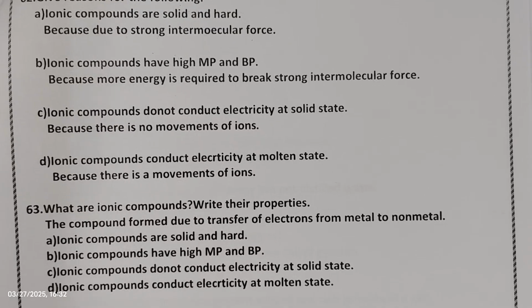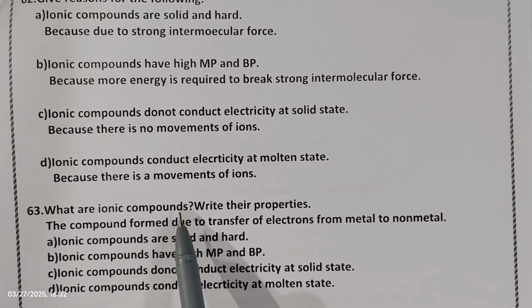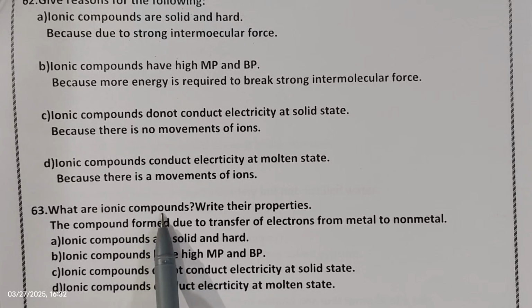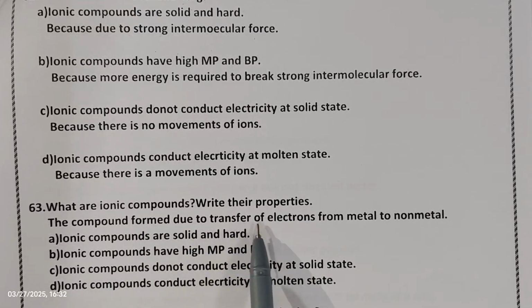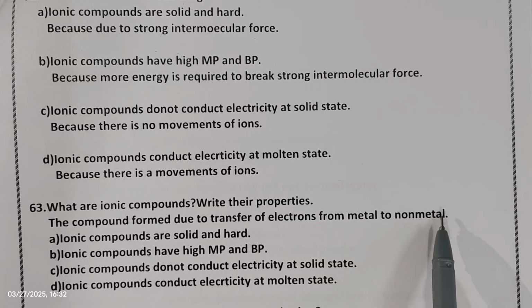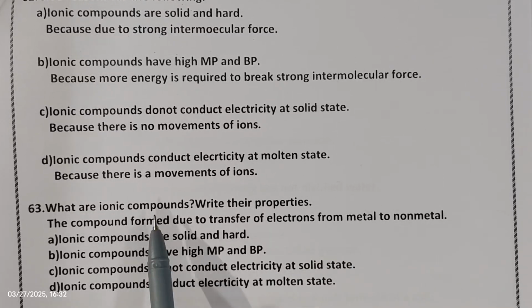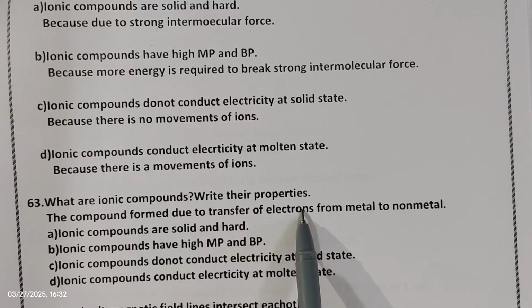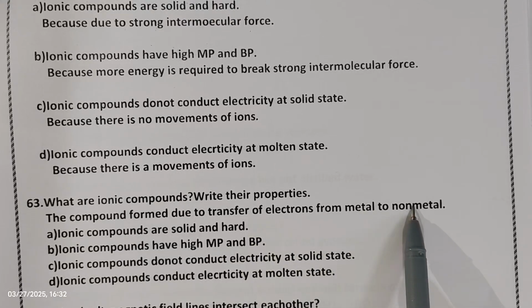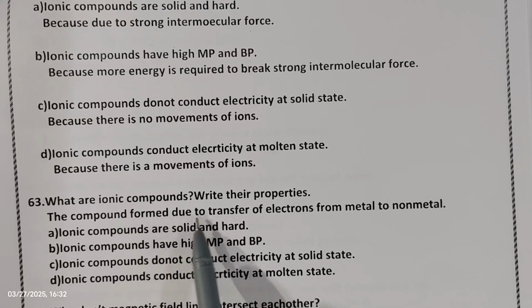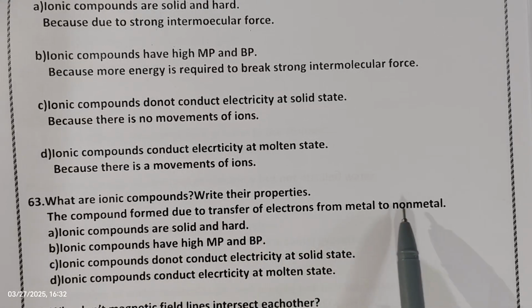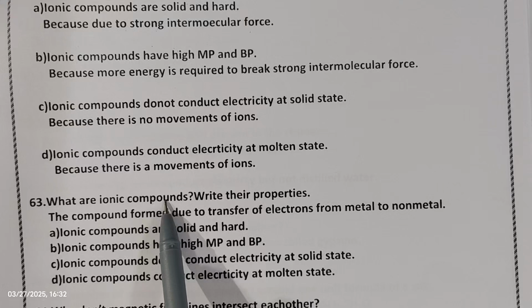Next, we'll pass on to the next question, the properties of ionic compounds. What are ionic compounds? Write their properties. The compounds formed due to the transfer of electrons from metals to non-metals are called ionic compounds.